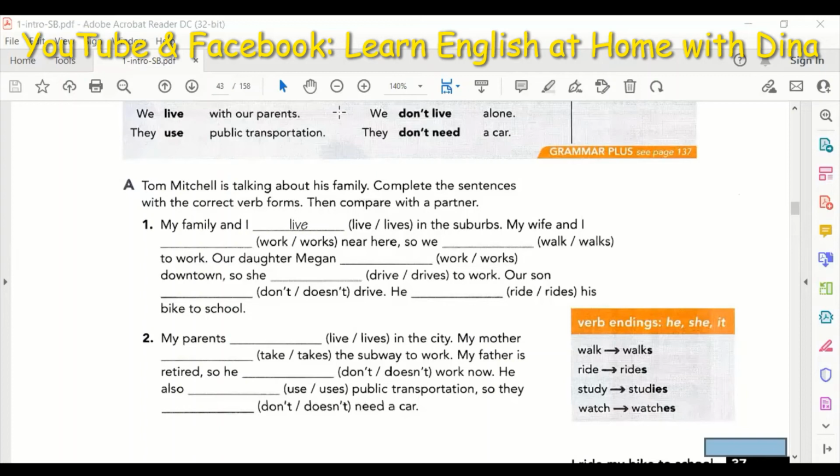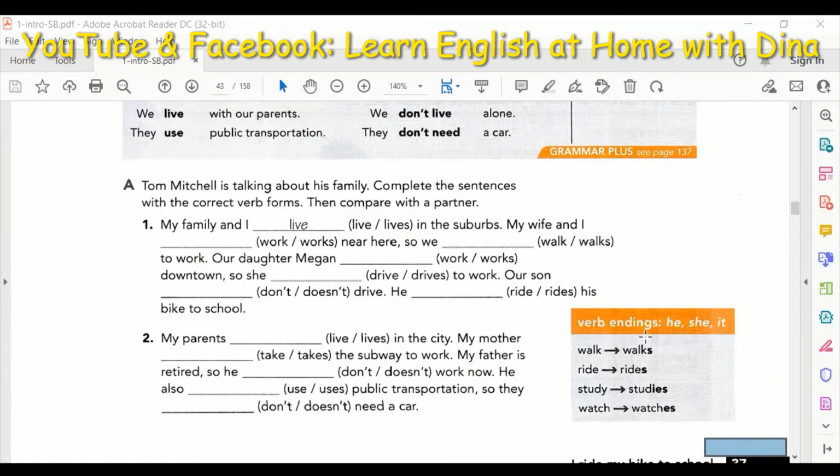Who can read them? Yusra is the first to raise her hand. Yes, Yusra? Could you please read them? I want you to read the verbs.